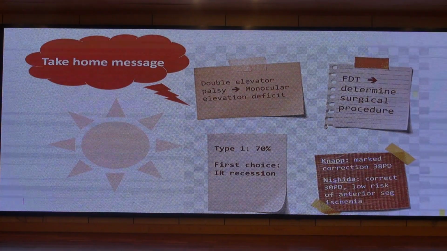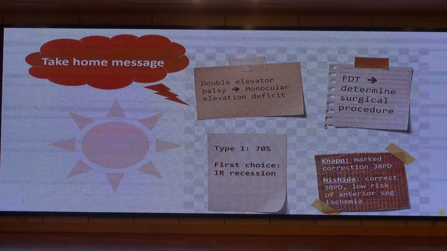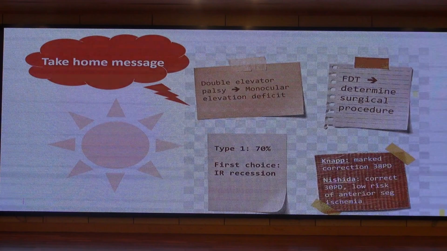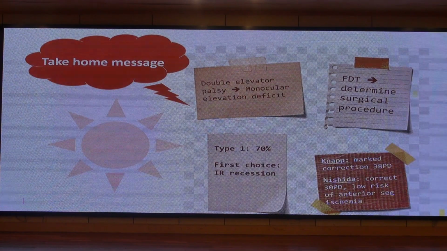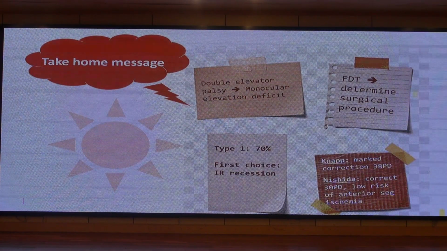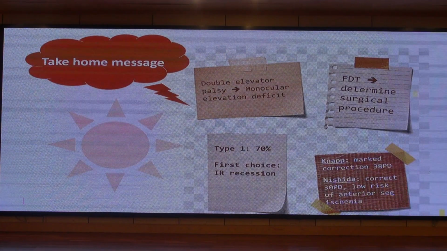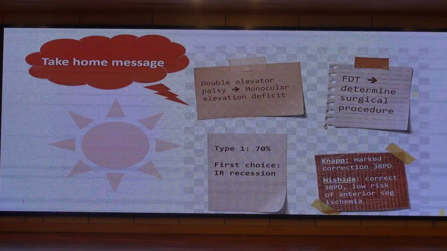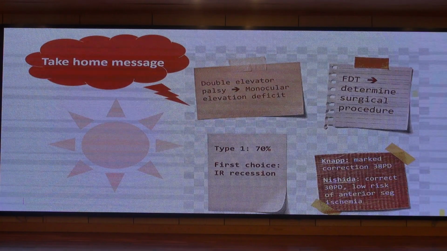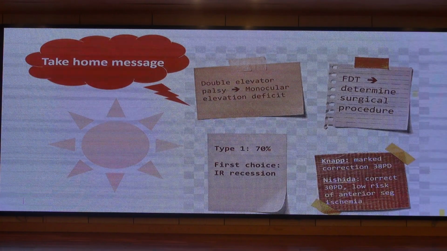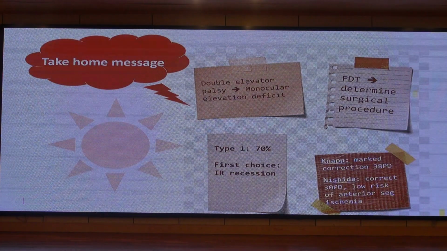I have some take-home messages. First, this is no longer called double elevator palsy, and now it is clearly known as monocular elevation deficiency. Secondly, the forced duction test is the most important to determine the surgical procedure.